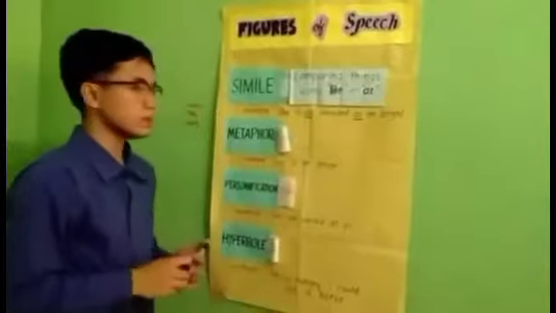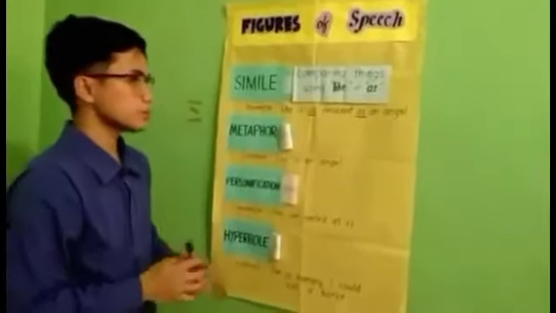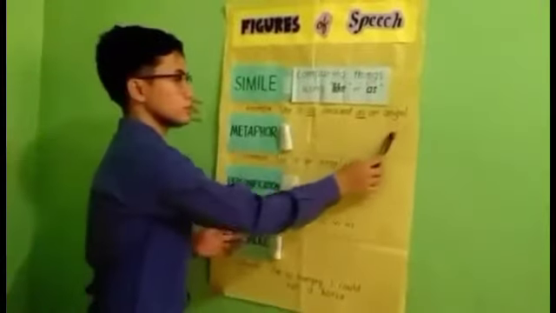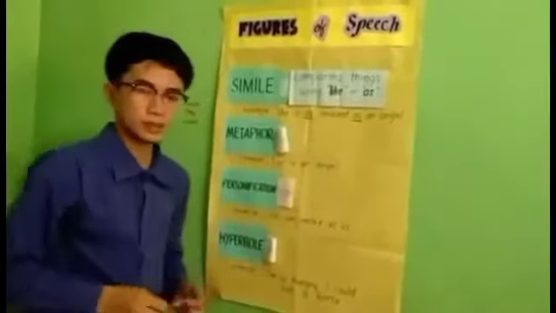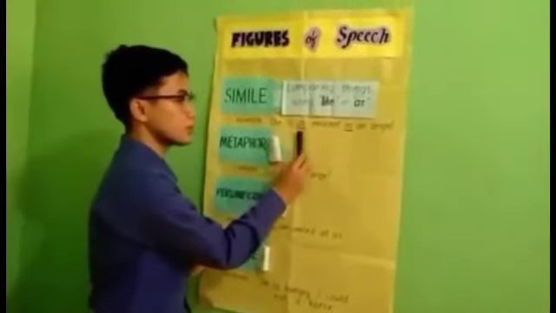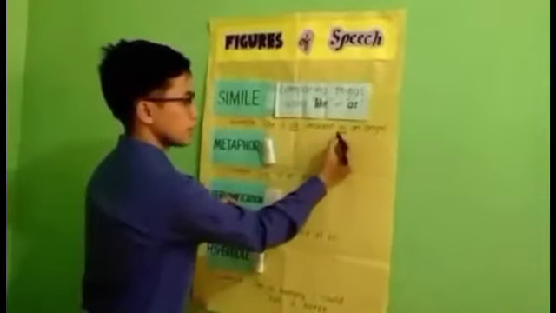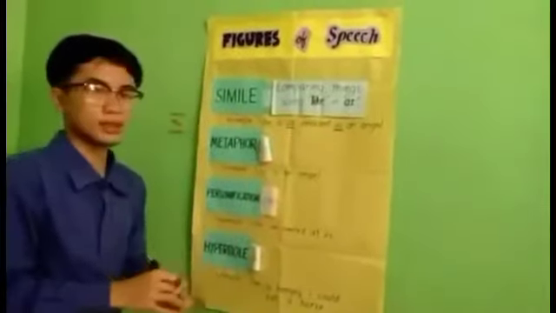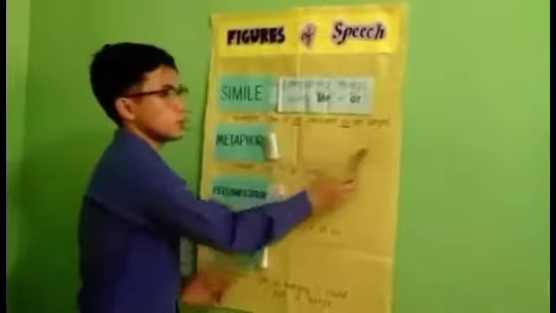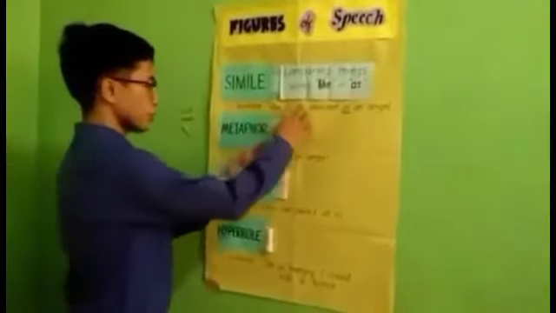The word she, which is a noun, is being compared to an angel. She is as innocent as an angel. So we can see that we use the word as to compare the noun she to an angel.